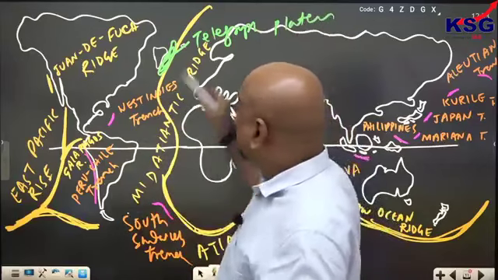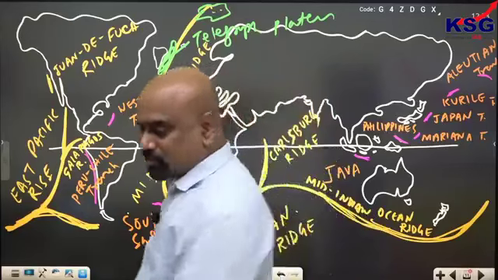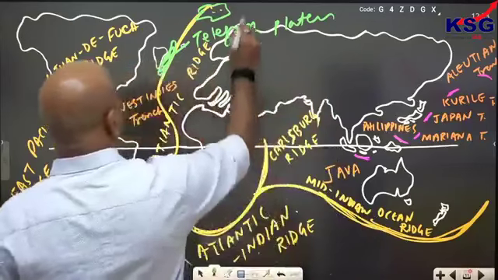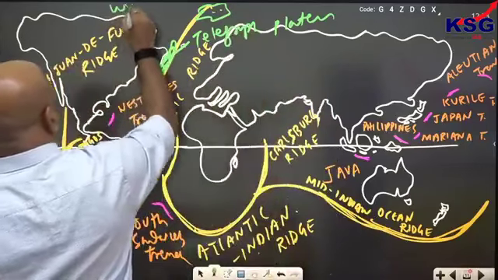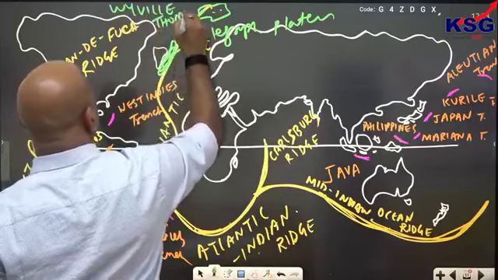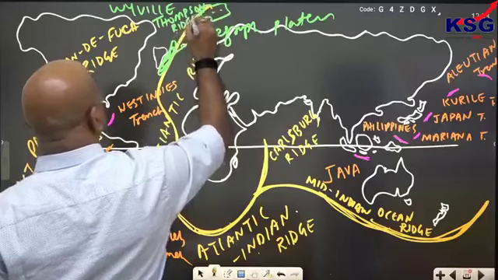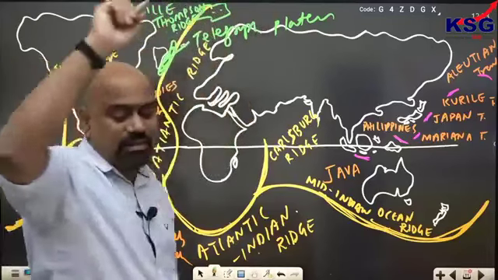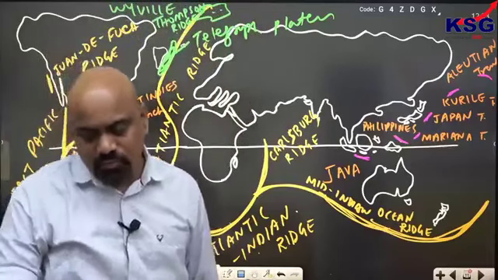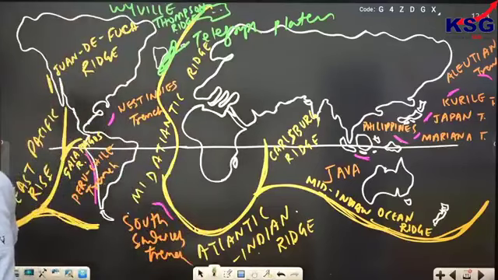And here you have the Waverly Thompson Ridge. Please look at your NCERT; it is given in the NCERT book. Okay, can you see that?